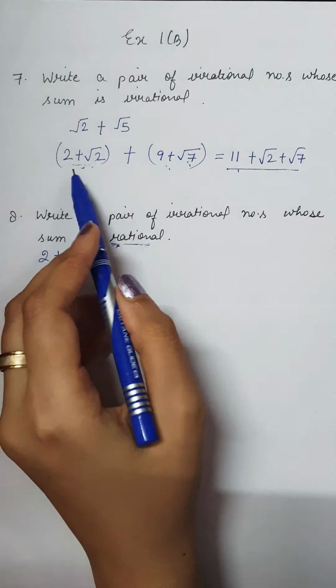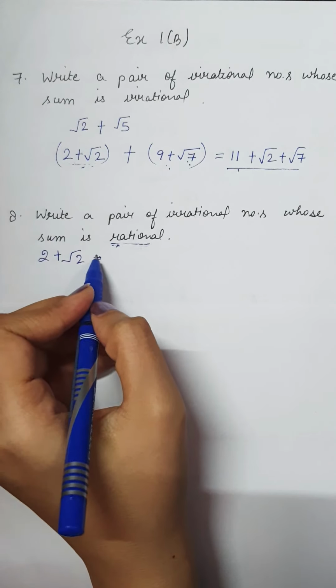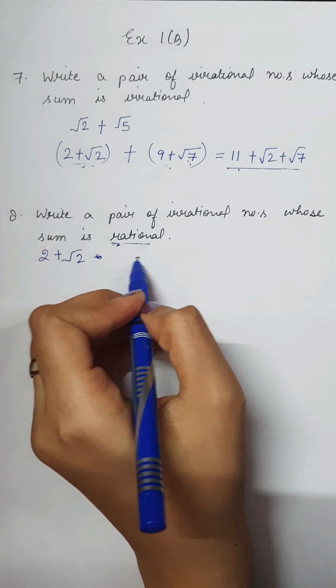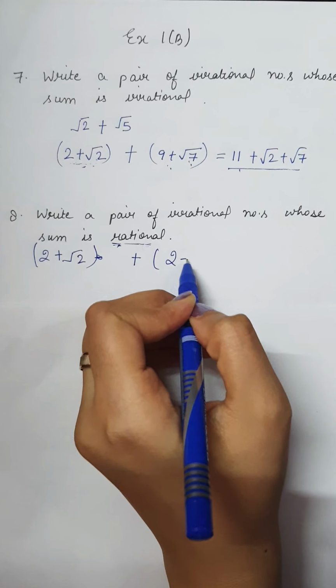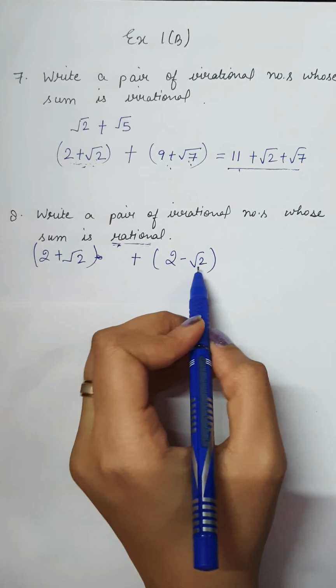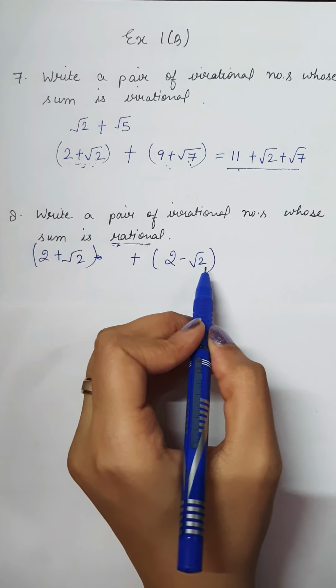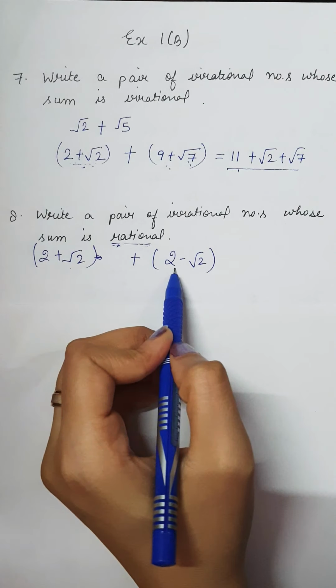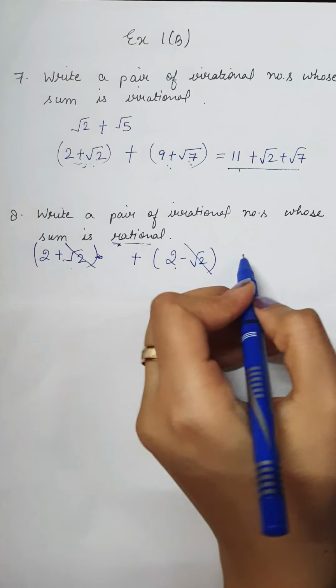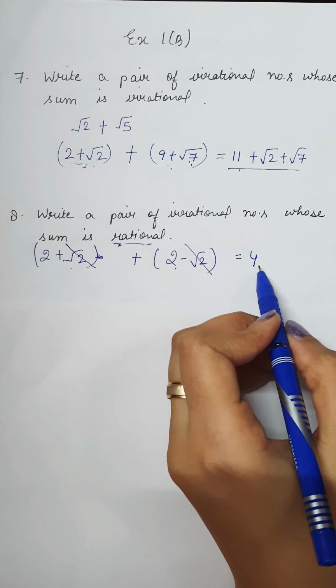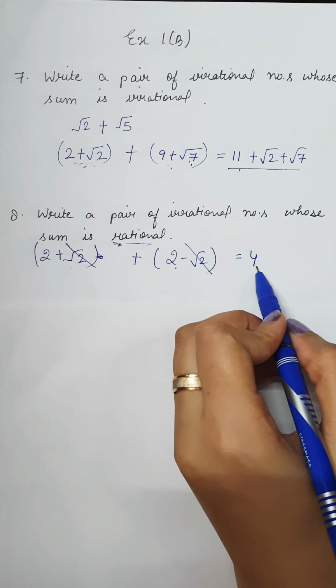We'll take the same example, 2 plus root 2. And if I add, this is also an irrational number because it contains under root 2. If I add both of them, this will get cancelled and 2 plus 2 is 4. So the answer is a rational number.